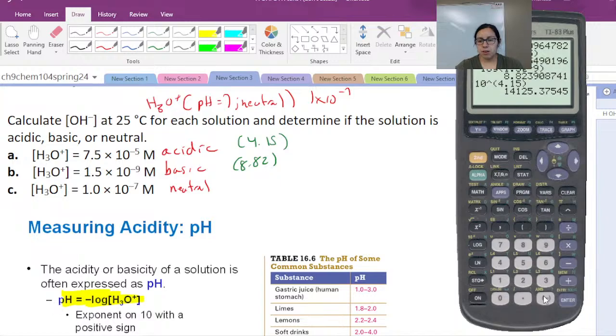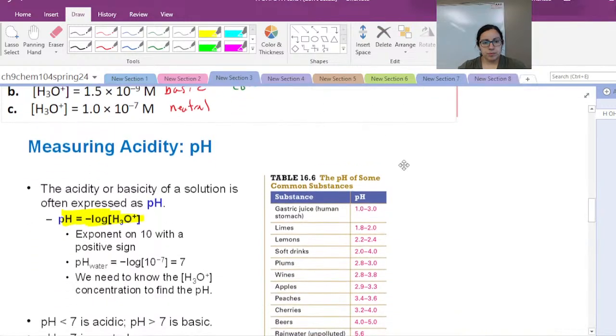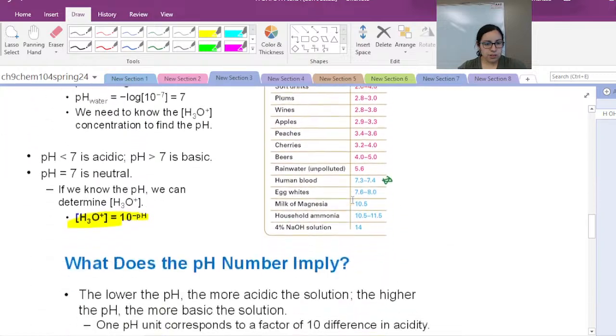Sorry, negative. Let me try that one more time. 10 to the power of negative 4.15. And now we get back out our hydronium concentration. So 7.1 times 10 to the negative fifth. Little rounding error discrepancy.